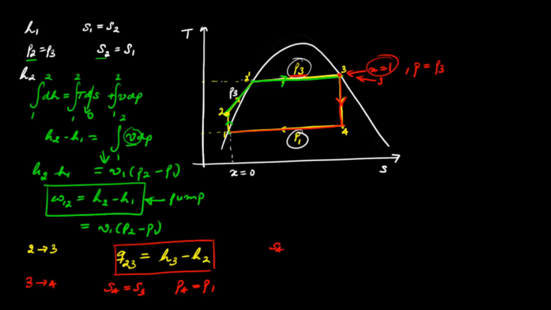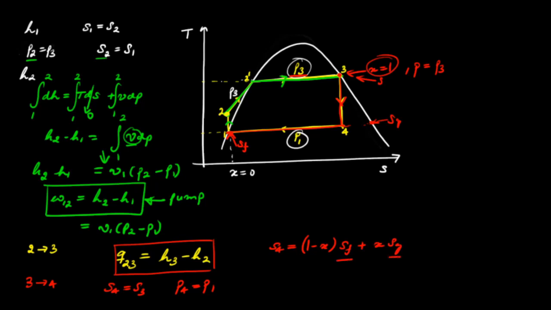Because we know S4 and we know the specific entropy of the saturated liquid and the saturated vapor at this pressure, so we know SF and SG, then we can solve for the quality, because the entropy at state 4 is given by this.